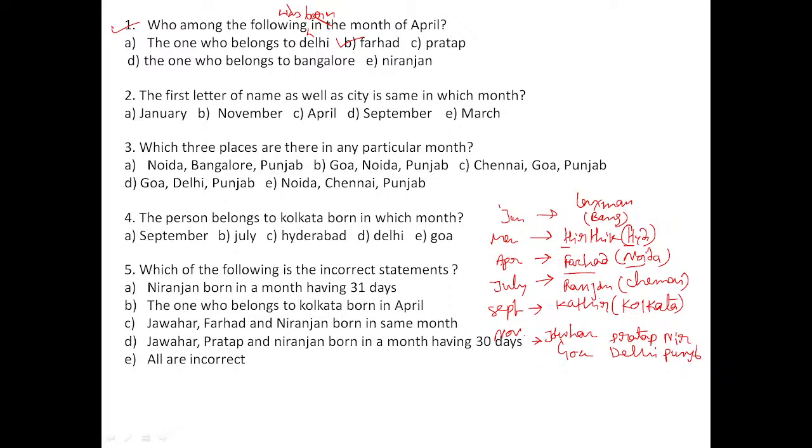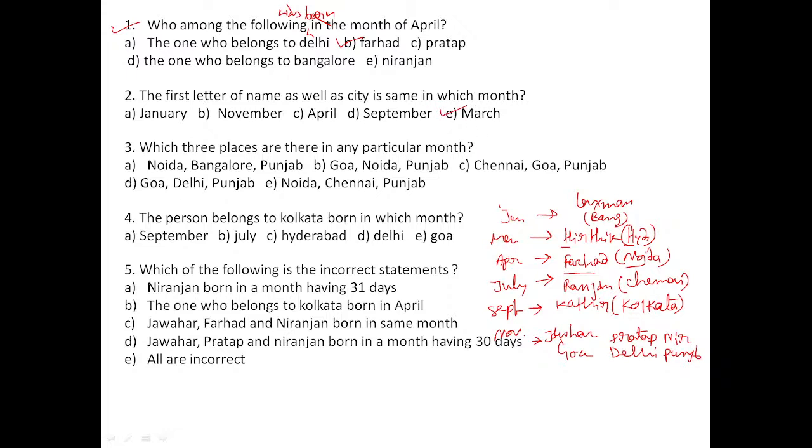No other option is feasible. See, Farhad, F, N, Ranjan and Chennai, Kathir and Kolkata, Johor, Goa, Delhi, Pratap, and Punjab, Niranjan. So it is option E, March is the correct answer, right?